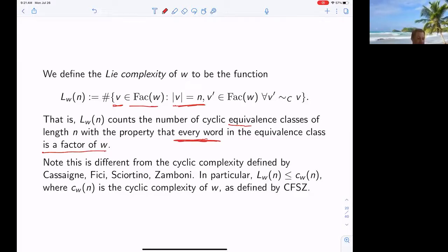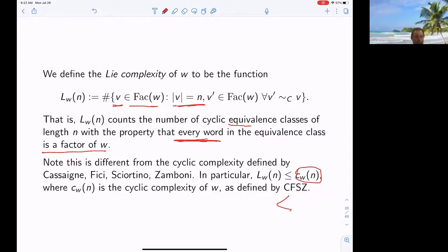I should note that Cassaigne, Fici, Sciortino, and Zamboni defined something a little related called the cyclic complexity. It's a little different from our definition. In particular, ours is less than or equal to theirs, and usually quite a bit less. What they look at is words where some element of the cyclic equivalence class is a factor. So it's a little different.